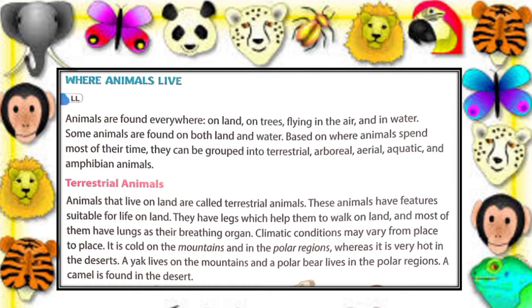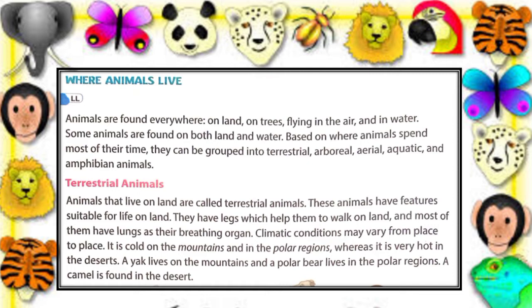So humans live in many different parts of the world. They eat many kinds of food. They wear different clothes to suit the weather, whether it is hot or cold. But animals and plants can only live in places where the weather suits them.